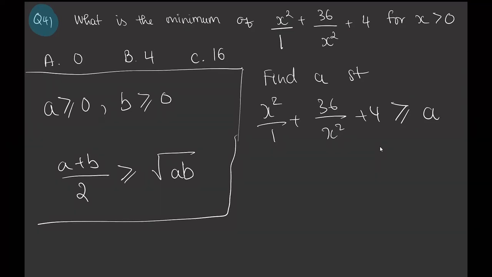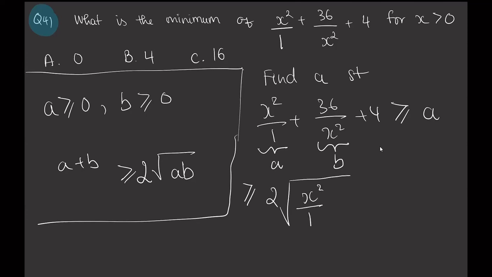I would try to let this one as A and this fraction as B, then it will be greater than or equal to, instead of 2 under denominator here, I would multiply it to this side. So I would have 2 square root of A times B. Okay.